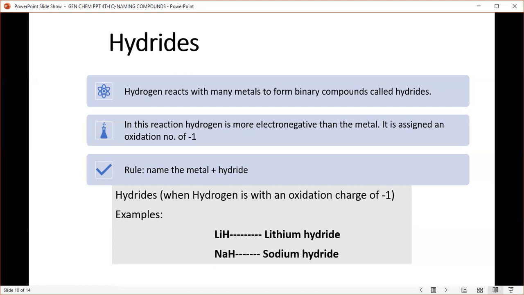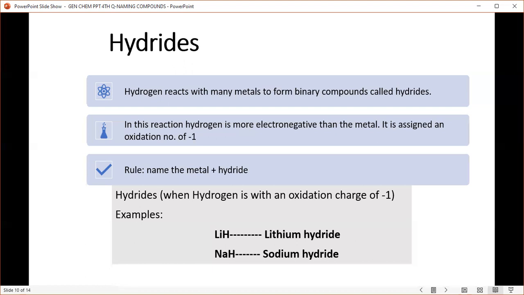Okay, so the rule is just simple. Name the metal first and then just write the term hydride. For example, we have LiH. Simply write the name of the metal, lithium, and then the term hydride.